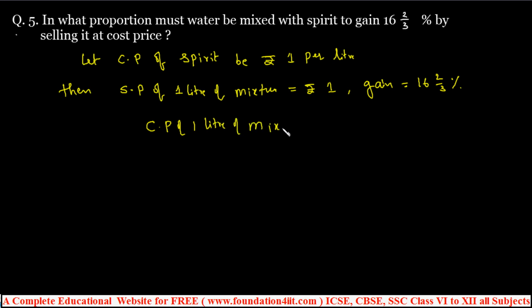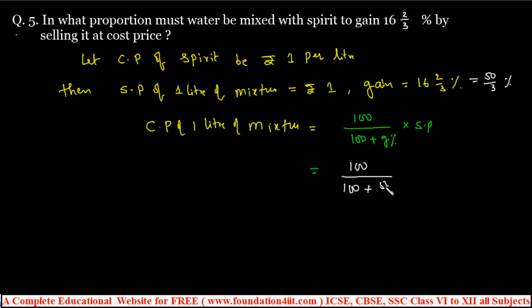is equal to, so we know the cost price formula. So that is 100 by 100 plus gain percentage into selling price, right? We know this formula. Just applying this. That is 100 by 100 plus 16 2 by 3, which is 50 by 3, into selling price, which is only 1.